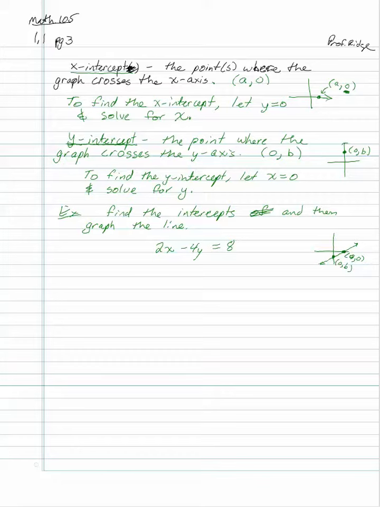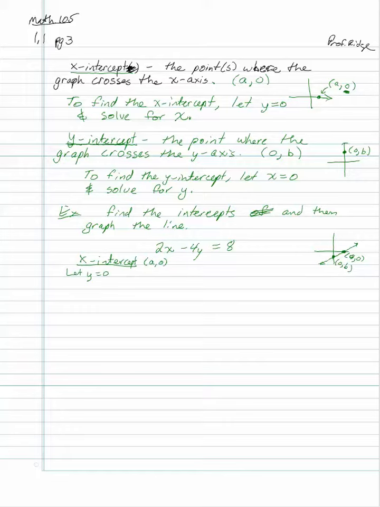Alright, so to find the x-intercept, this is what I do. Remember, we know it's (some number, 0), so you're going to let y equal 0. This is kind of what I repeat to myself because I always get confused with these. X-intercept, you're looking for x, so you're going to let y equal 0.